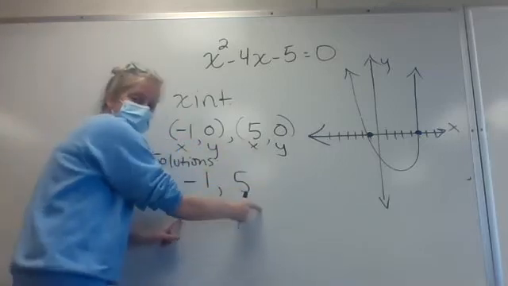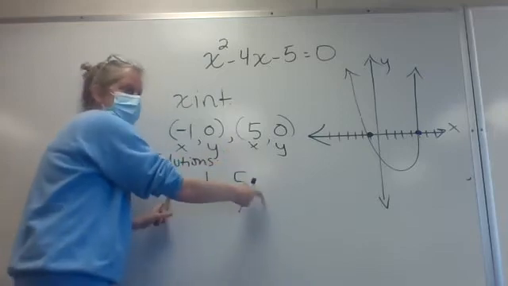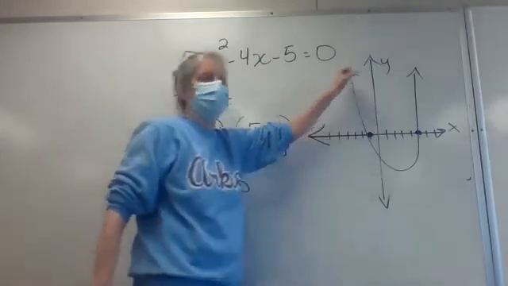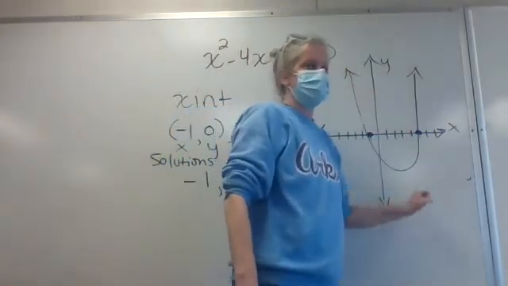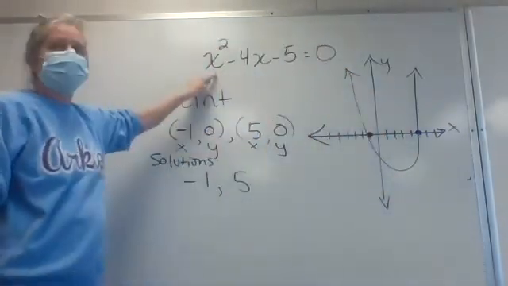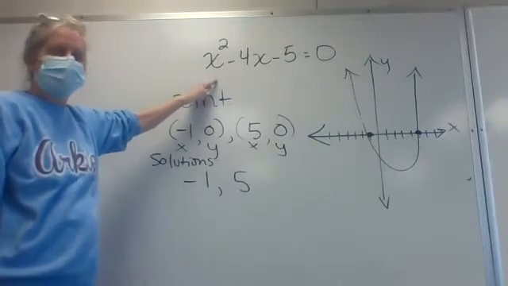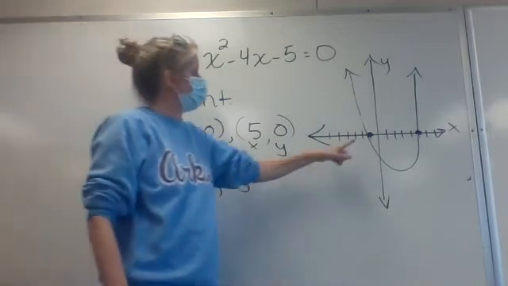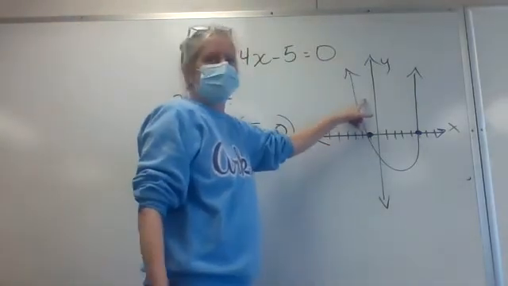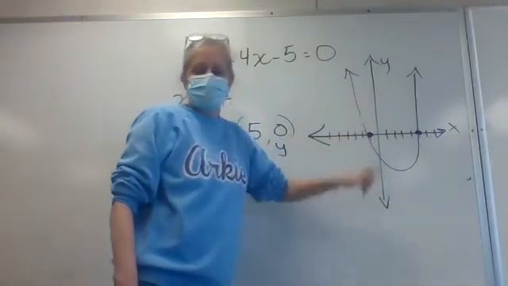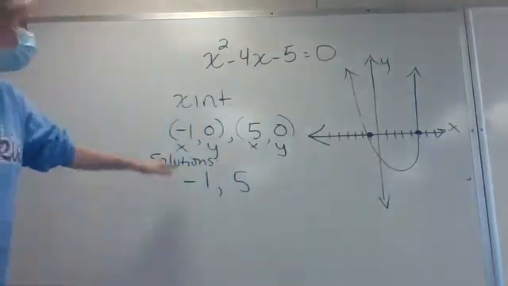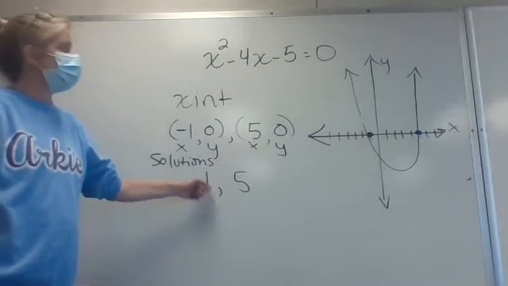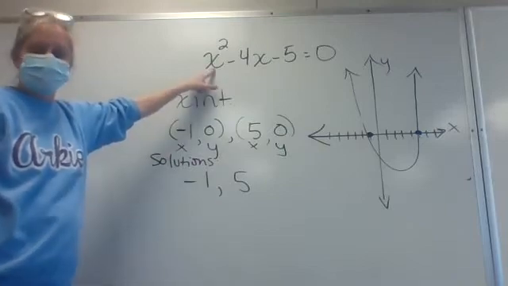I do not put a parenthesis around this. Why do I not put a parenthesis around this? It's not representing a point on this parabola. It's telling me what the solutions to this quad equation are, right? If you put parentheses on that, you're saying there's a point at -1, 5, which there's not. So just make sure your x-intercepts are entered as ordered pairs. Your solutions are not.